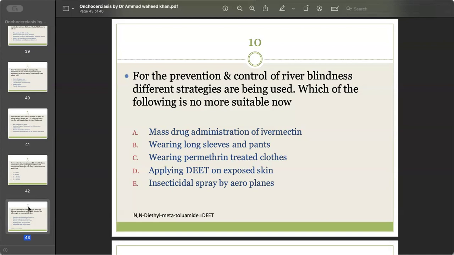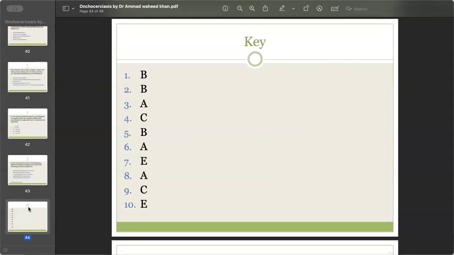Option C, wearing permethrin treated clothes. Option D, applying DEET on exposed skin. Option E, insecticidal spray by aeroplanes. E is the right answer. This is the key of all the MCQs.